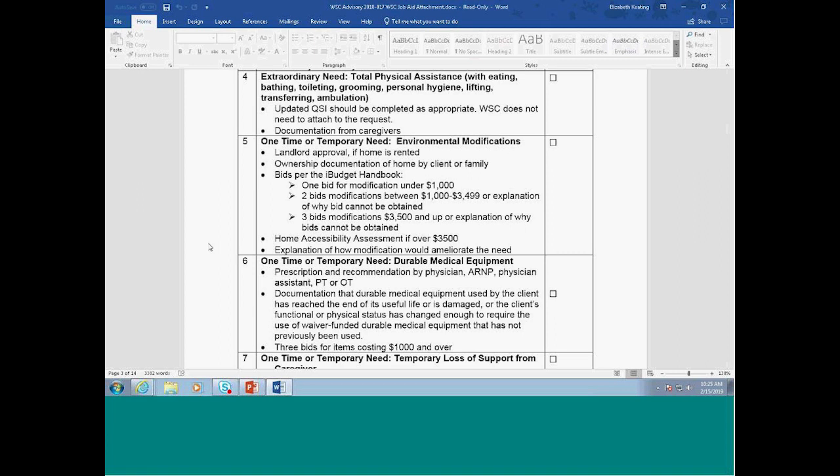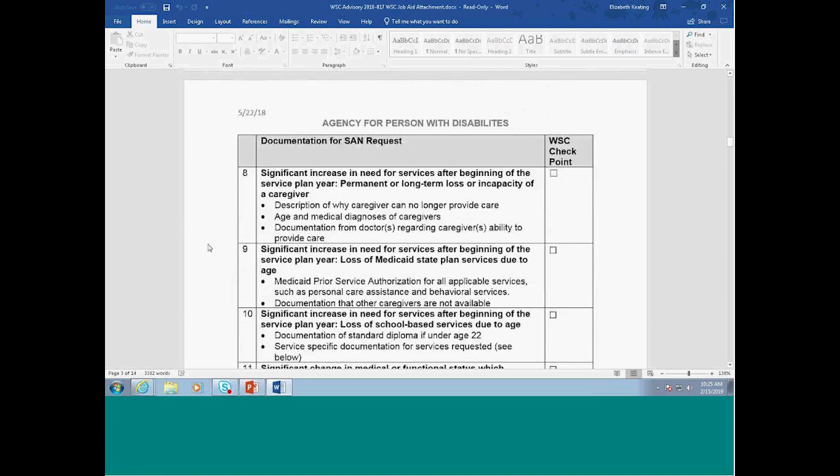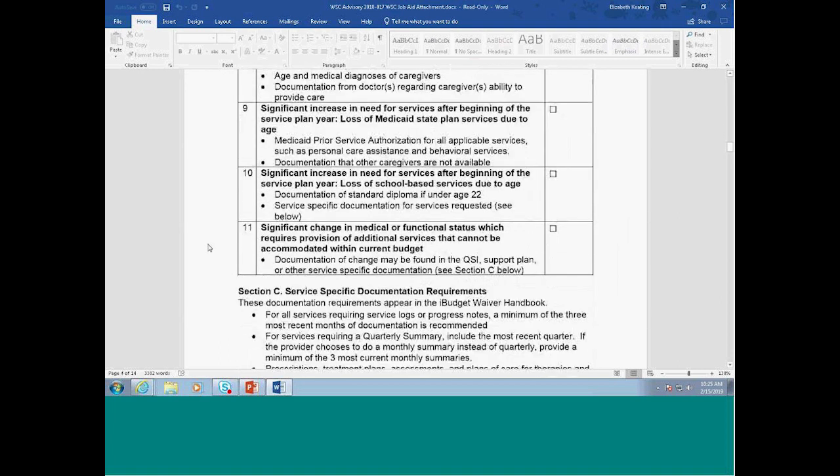So let's look at number 9. Number 9 is if there's a significant increase in the need for services after the beginning of the service plan year because of loss of Medicaid, so the individual's turning 21 and they're aging out of Medicaid state plan services. Some of the things you should provide are the Medicaid prior service authorization.